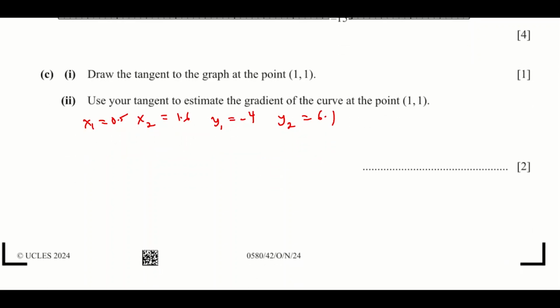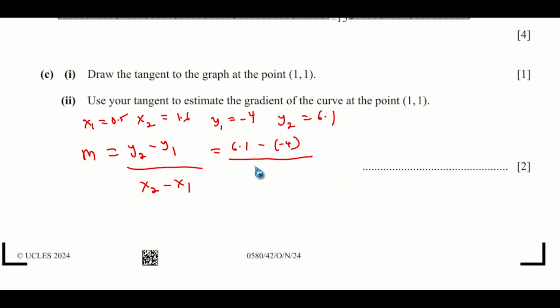So the formula for the gradient, let's say the gradient is m, will be equal to y2 minus y1 over x2 minus x1. So this will be equal to 6.1 minus minus 4, everything over 1.6 minus 0.5.